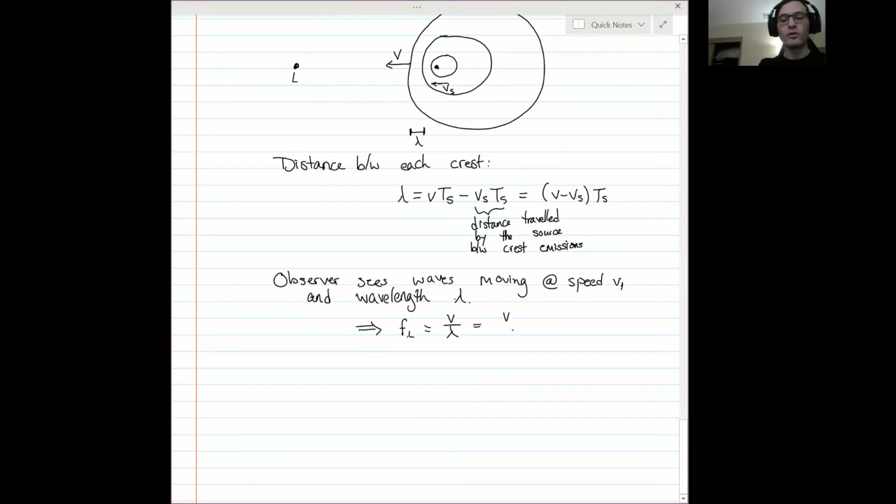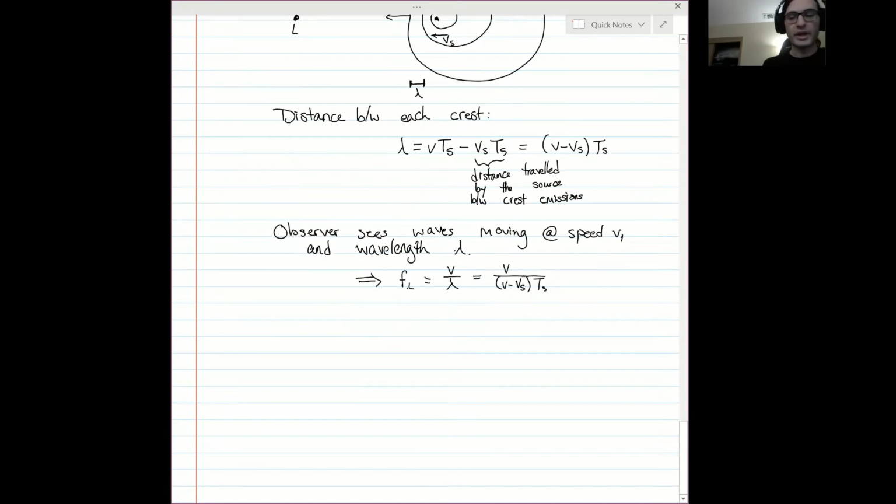So it's V over V minus Vs times Ts. So we can rewrite this. It takes a little bit of effort. Remember, 1 divided by Ts is just the frequency. So this is just equal to V divided by V minus Vs times F sub s.